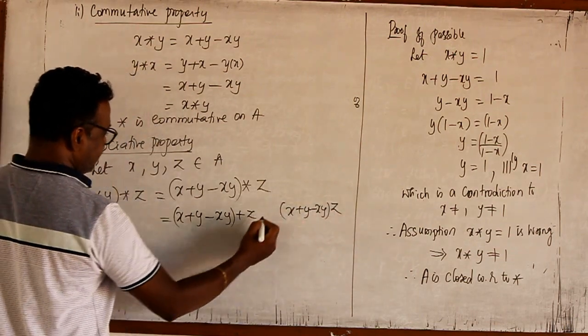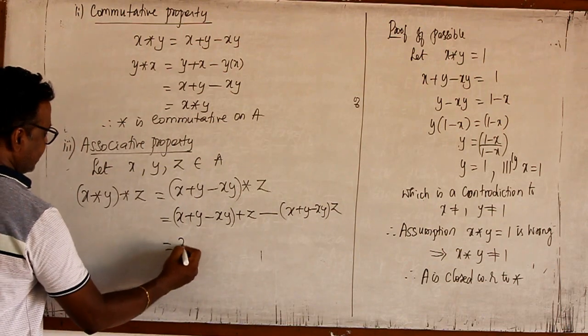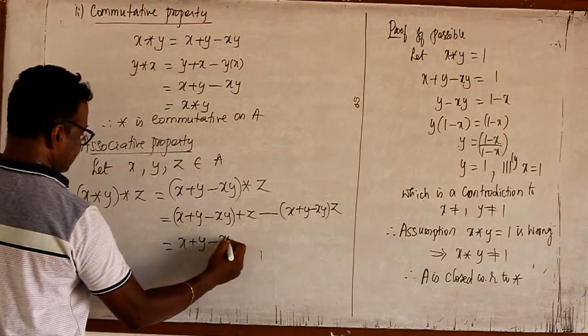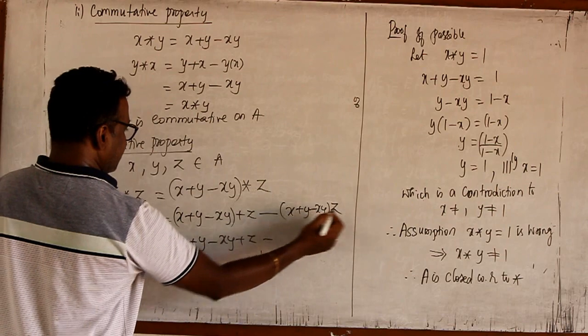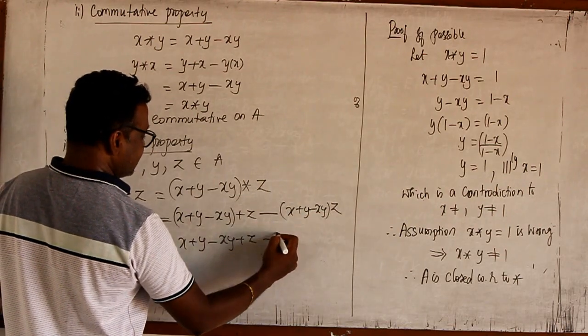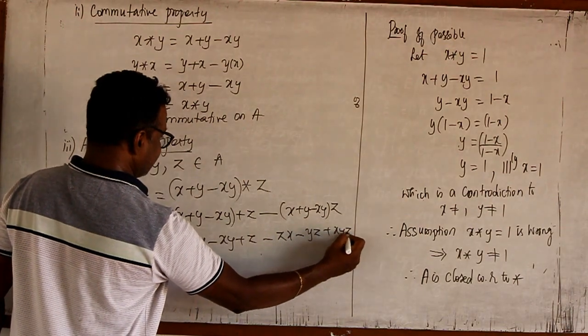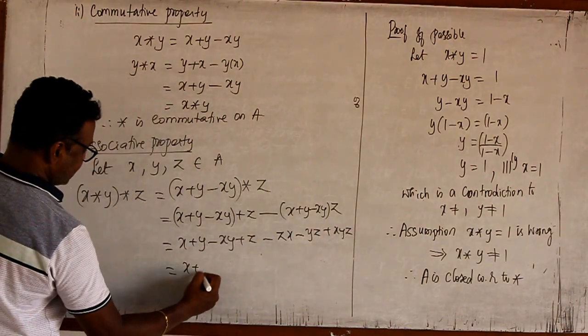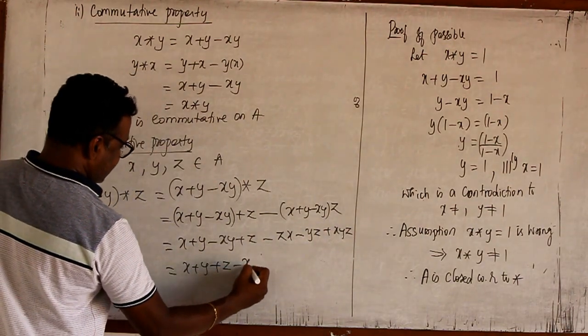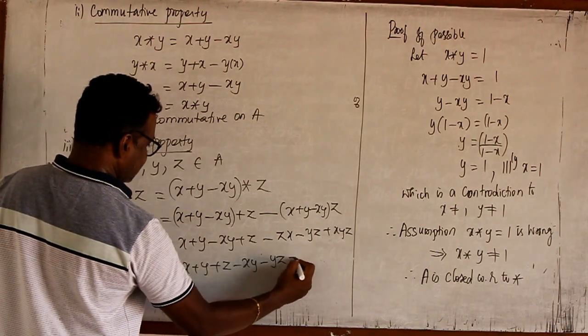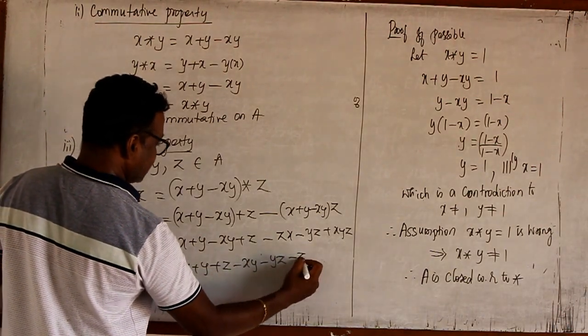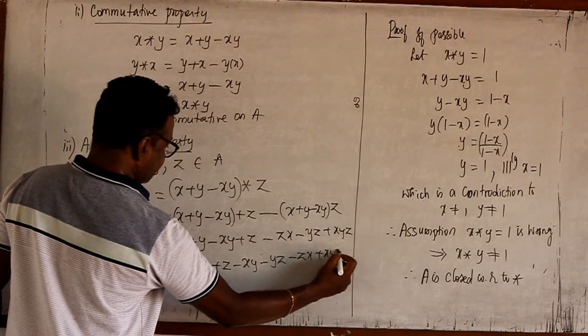Now remove the bracket: x plus y minus xy plus z, now multiply with minus z: minus zx minus yz plus xyz. So rearranging, x plus y plus z minus xy minus yz minus zx plus xyz.